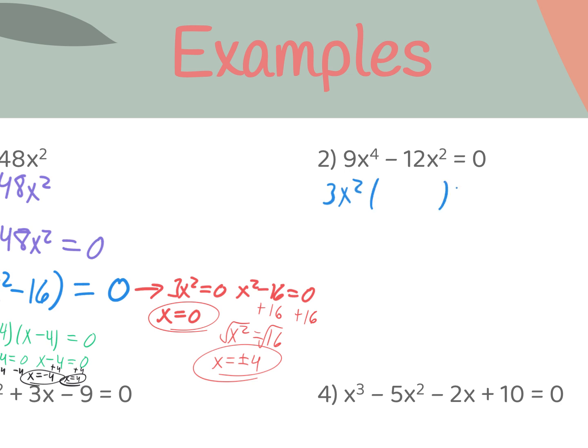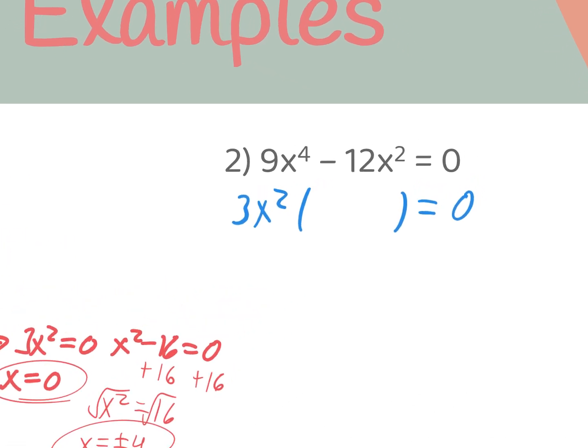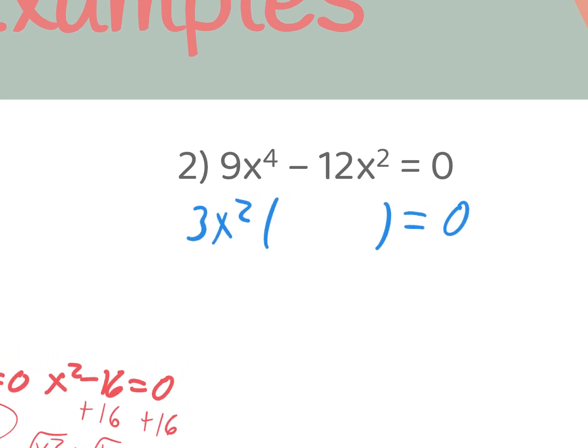All right, when we take out a 3x squared, what are we left with on the inside? All right, good. We get 3x squared minus 4. All right, and then from here, we can just set each factor equal to 0.